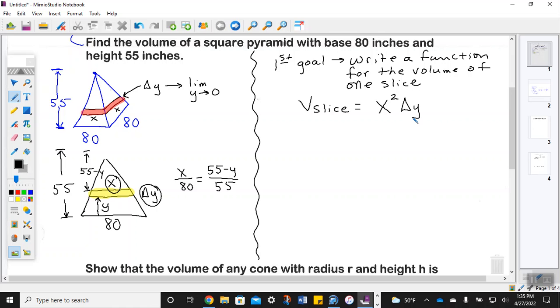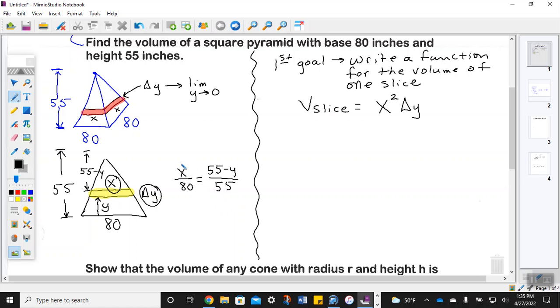Okay? All right, we're really close here. Which variable has the delta symbol with it? Y does. Okay? So the way this works is as follows. We have to write our function for one slice as a function that's dependent upon all y's. I can't do that just now because what variable is still in here with delta y? X squared, right? It would sure be nice if I could replace that x with something, wouldn't it? Okay, so look right here.